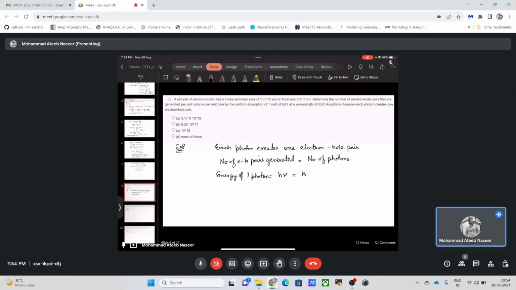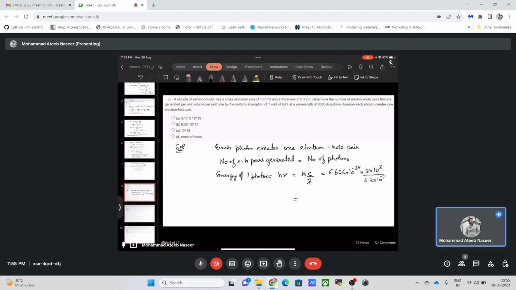We have been given the wavelength, so we will replace nu by c by lambda, which is now Planck's constant 6.626 into 10 raised to the power of minus 34 into 3 into 10 raised to the power of 8 divided by the wavelength. Remember, this is in angstroms. It is 6300 angstrom, which is 6300 into 10 raised to the power of minus 10, or simply 6.3 into 10 raised to the power of minus 7.